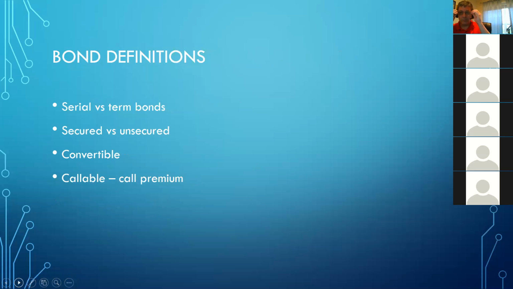While we're on bonds, some definitions, just because bonds are a little more unusual in terms of the types of liabilities. Think of bonds as a way of borrowing from lots of different people instead of from one bank. That has the advantage that you can spread out the liability to lots of different people.